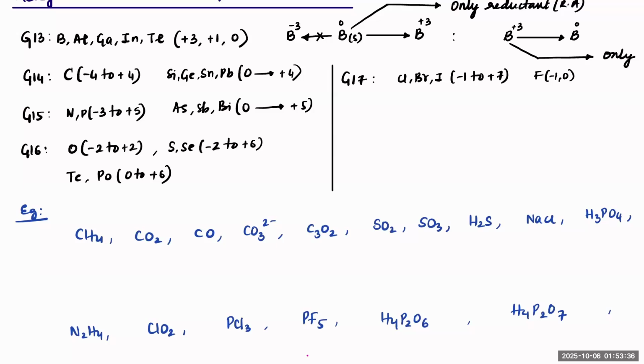These are the boundaries you should know for every group. And similarly, manganese in any form can be between 0 to +7, and chromium can be from 0 to +6. Iron can be from 0 to +6. Of course, the +6 ones are very rare, but yes, there is a chance of iron also showing +6.